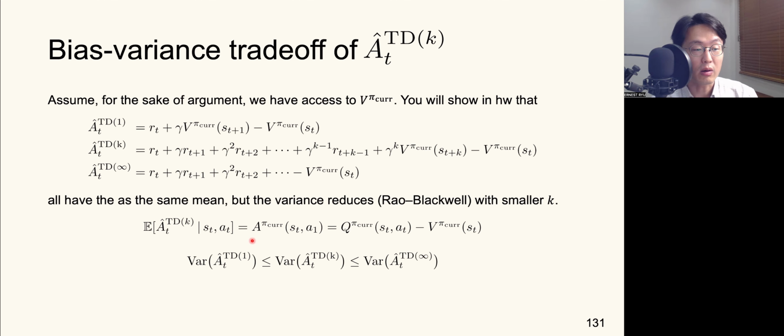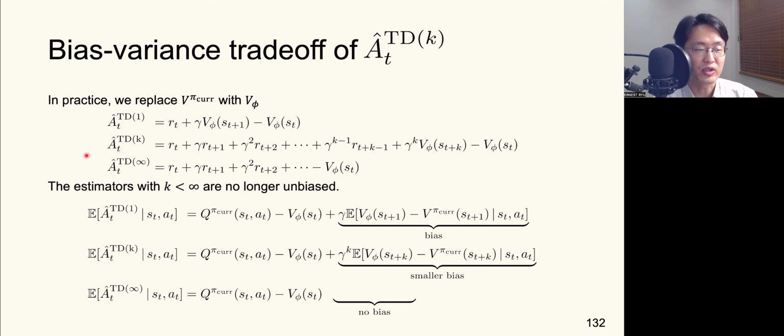Now, in practice, of course, we do not have access to the true value function. So the use of the value function is replaced with the value network. So these are the actual TD advantage estimates that can be used in practice. Now, these TD estimators are actually no longer unbiased for any finite value of k.